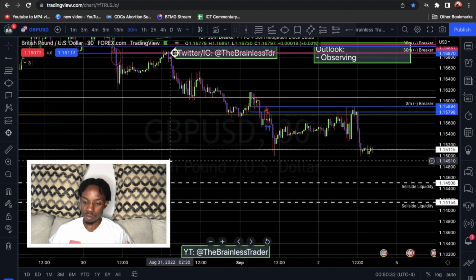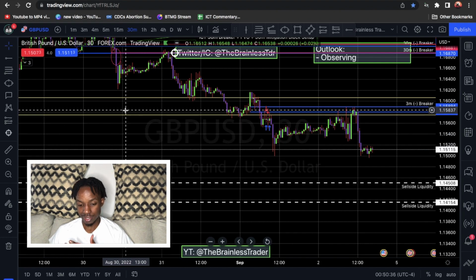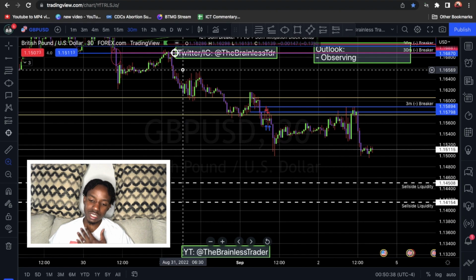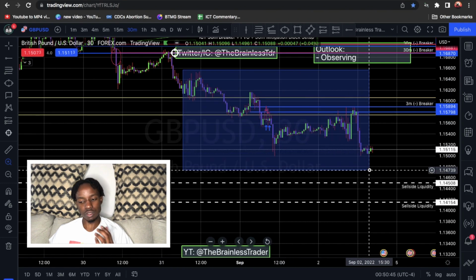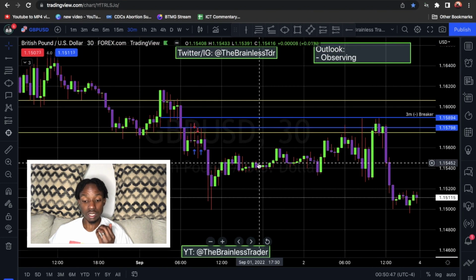Now, the most recent one that I did try was a 3-minute breaker. This is the only case I feel like when the breakers do not work. A lot of times with ICT stuff, it depends on what direction you're trading the market in, right? If you're trading with the higher time frame bias, you're usually good.